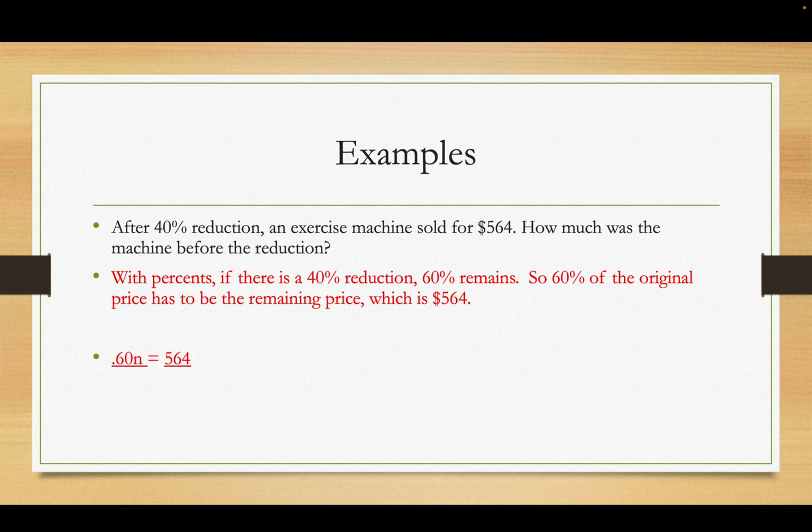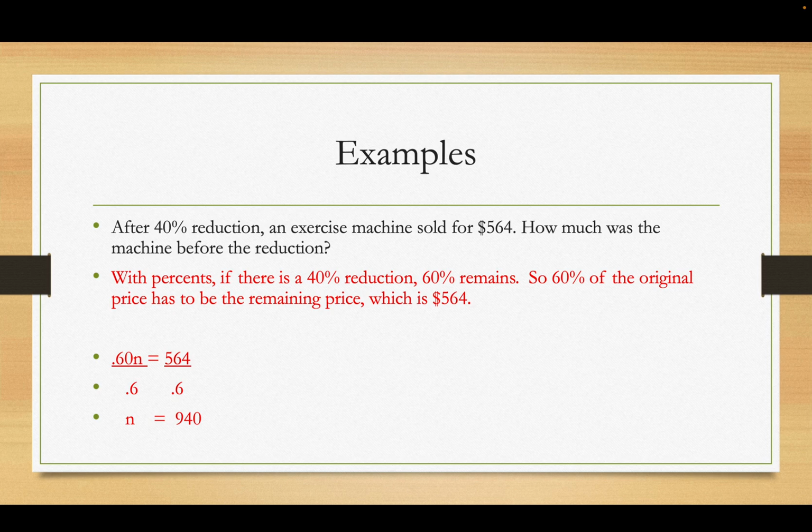Whenever we do percent problems and work them out in algebra, we always write the percent as a decimal. So 0.60N equals 564, divided by 0.6, which is the same thing as 0.60, and I get N is $940. So the original price of the machine was $940.